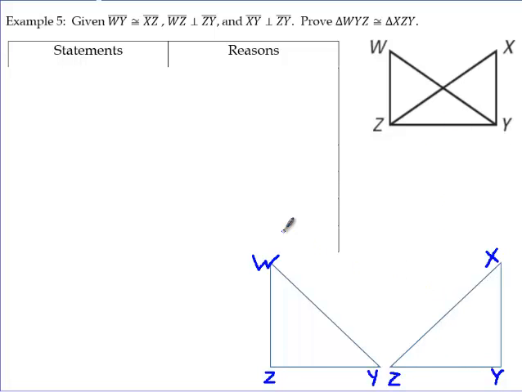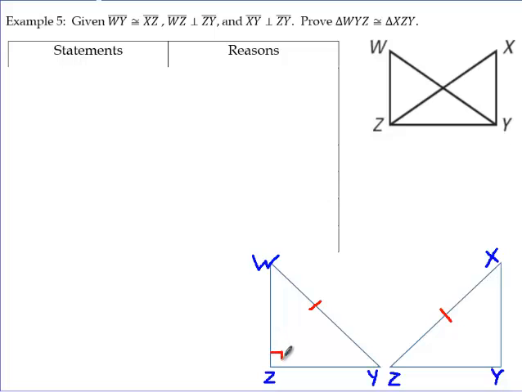Okay, so it tells us that WY, that's this segment right here, is congruent to XZ. That's this segment right here. Then it also tells us that WZ is perpendicular to ZY. And perpendicular means intersecting at a right angle, at a 90-degree angle.